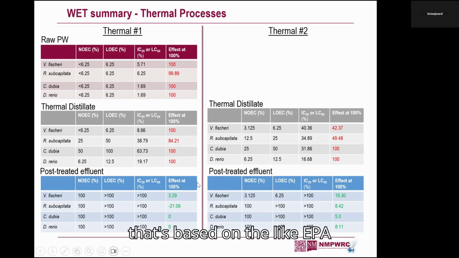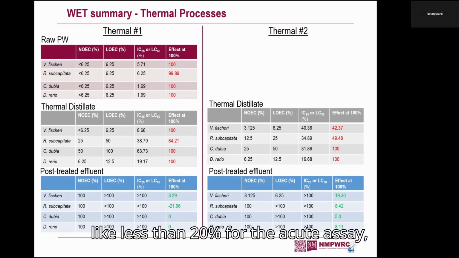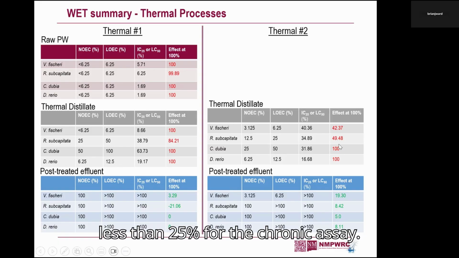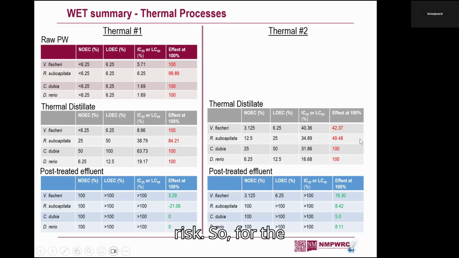That's based on the EPA test of significant toxicity method. Normally when the effect is less than 10%, we say the effluent is non-toxic. If it's less than 20% for the acute assay or less than 25% for the chronic assay, we also feel there is not much risk.